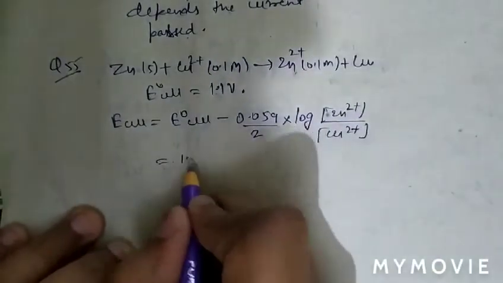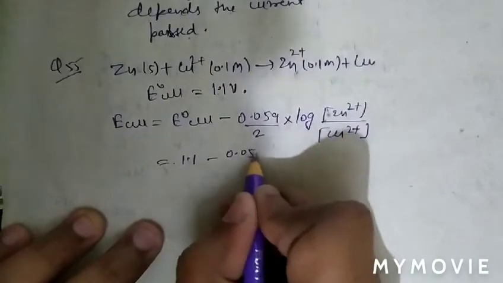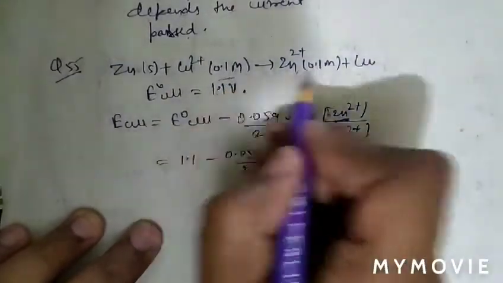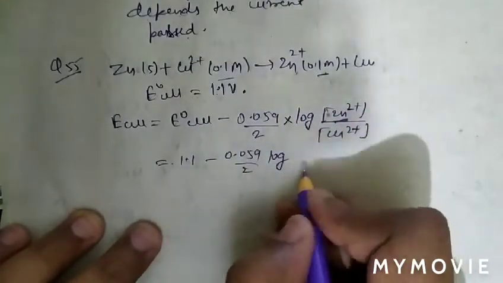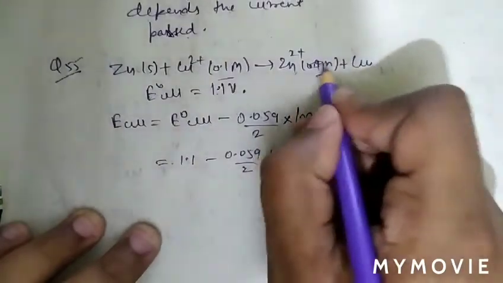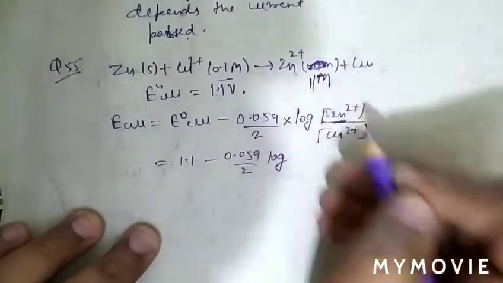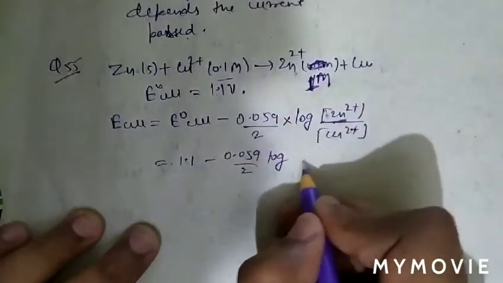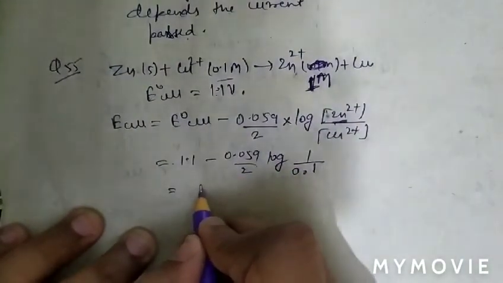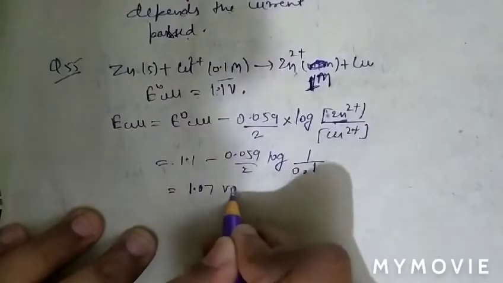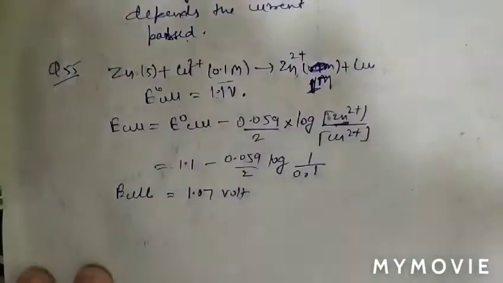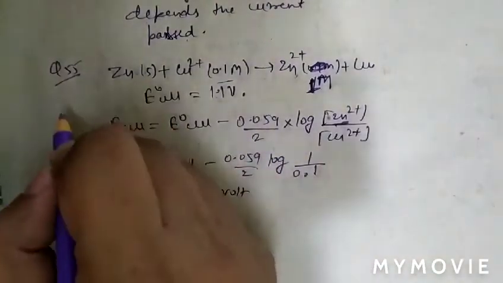Now put the values: 1.1 minus 0.059 by 2 into log of concentration of Zn2+ ion, which is 0.1, divided by concentration of Cu2+ ion, which is 1 molar. On solving, we get the value 1.07 volt as E cell for this reaction. So question number 55, option C is correct.